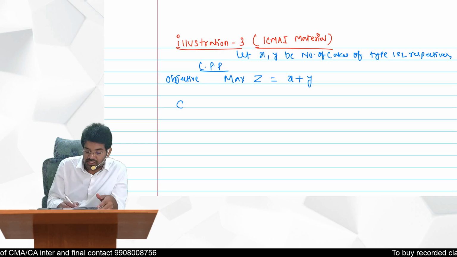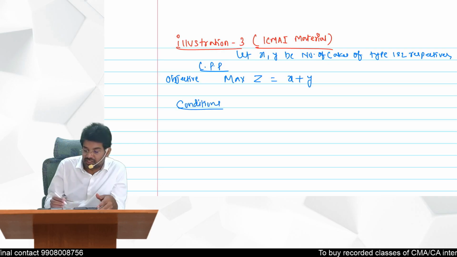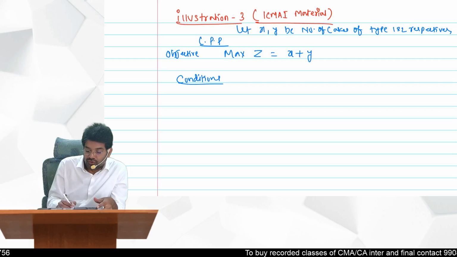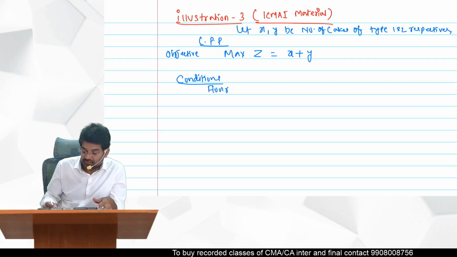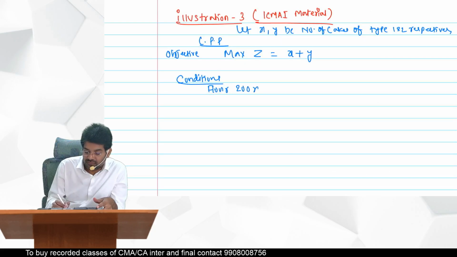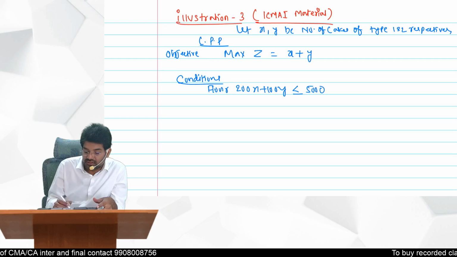Now conditions are nothing but restrictions. Subject to what? First one, flour. So 200x plus 100y less than or equal to 5000 grams.